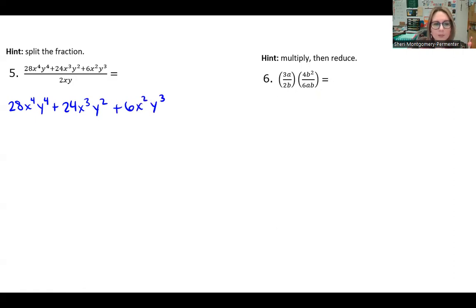And then we will rewrite the bottom, and we're splitting the fraction. So we rewrite the bottom, and so everything is divided by 2xy. So we are just splitting the fraction up.